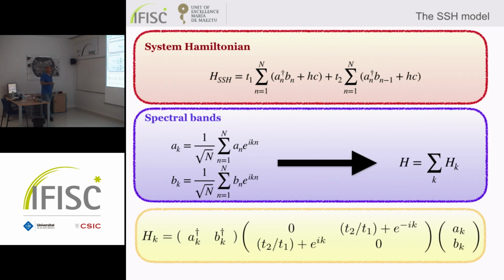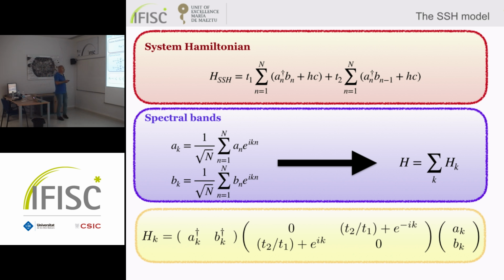So if you want, you write the Hamiltonian of the system, it can be of this form. This is a second quantization Hamiltonian. You have an excitation that can jump within a cell, where the cell index is labeled, with amplitude T1, or between nearest neighbor cells with a different amplitude, which is T2.